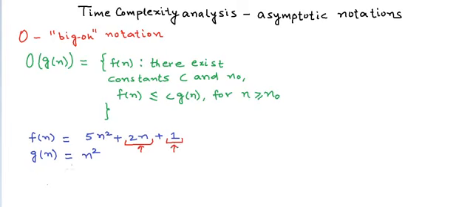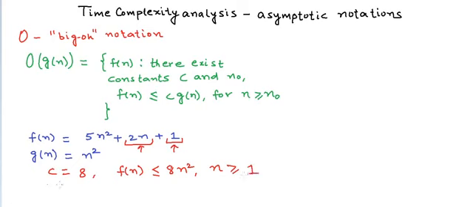So if we use c = 5 + 2 + 1, which is 8, then f(n) is always less than or equal to 8n² for all n greater than or equal to 1.